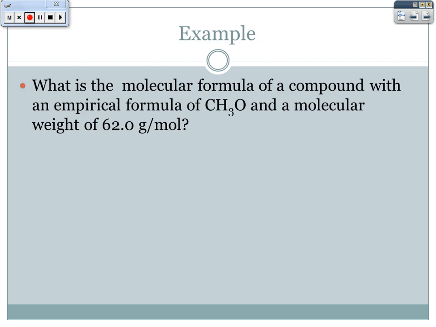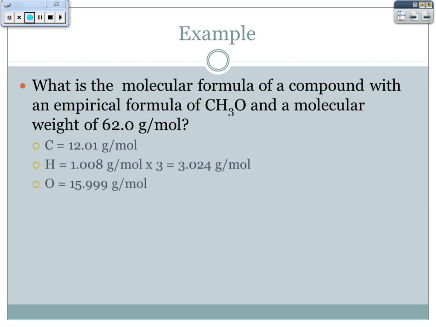What's the molecular formula of a compound with an empirical formula of CH3O and a molecular weight of 62 grams per mole? So carbon is 12.01 grams per mole, so we're going to find the molecular weight of the empirical formula. Hydrogen is 1.008 grams per mole times 3, and oxygen is 15.999. If you add all that together, you get 32.033 grams per mole.